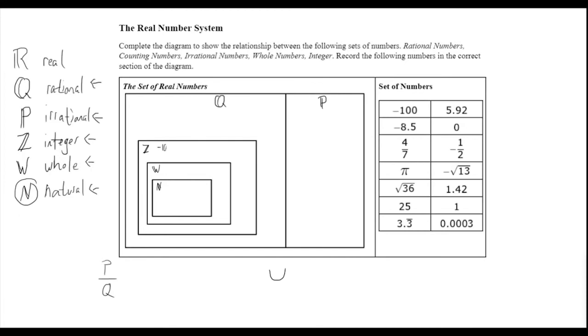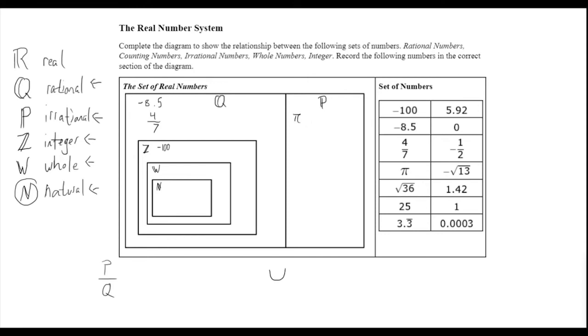So we'll put this in the integer column. -8.5 can be represented by P over Q as 85 over 10, and so it goes in the rational numbers. 4 over 7 is already in a fractional form, and so is rational. Pi is the example I gave of a quintessential irrational number, and so we'll go over here.